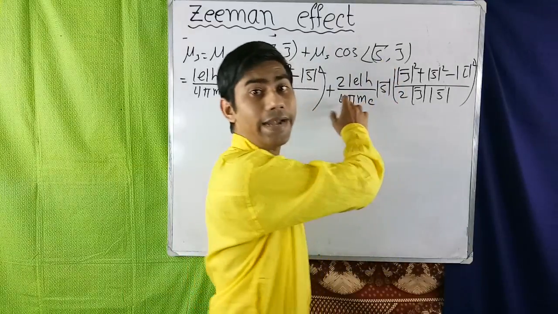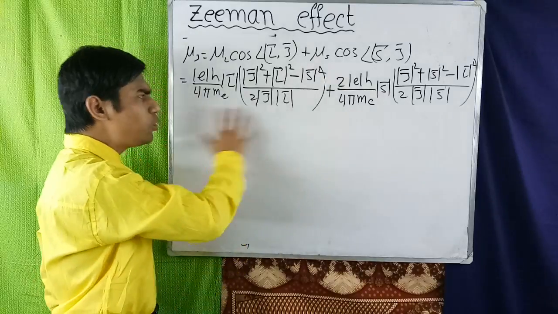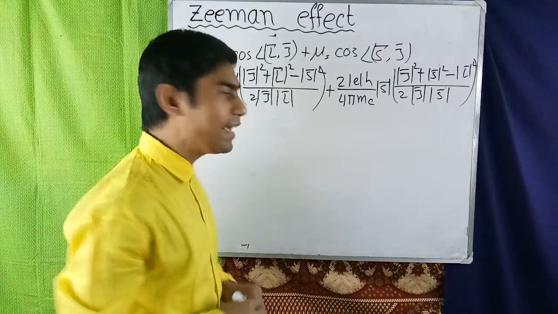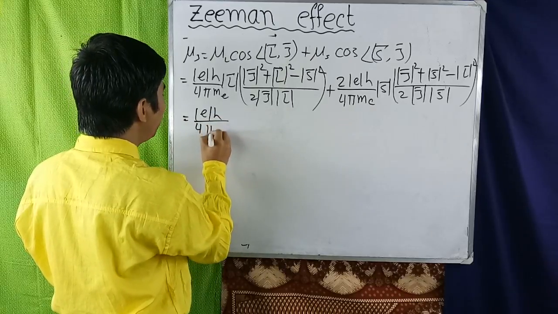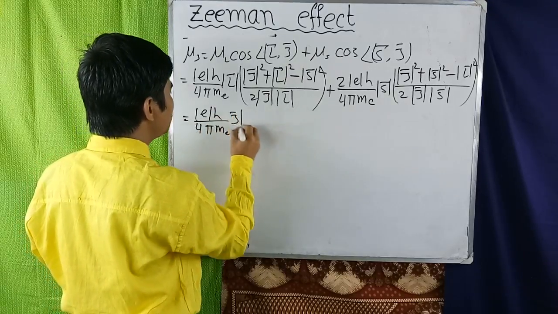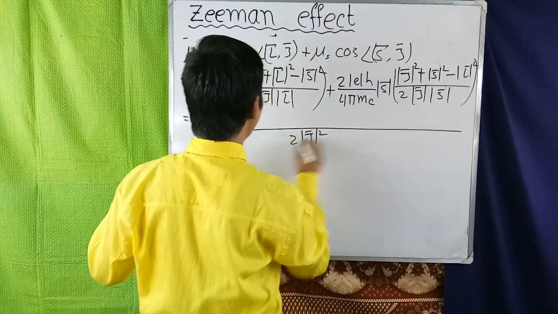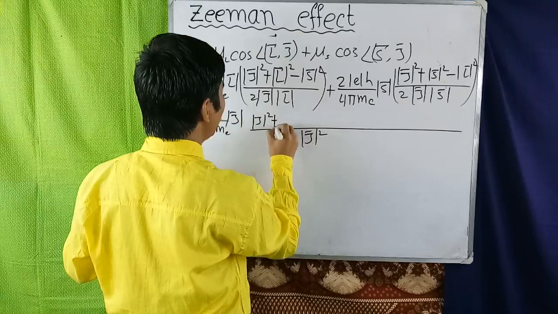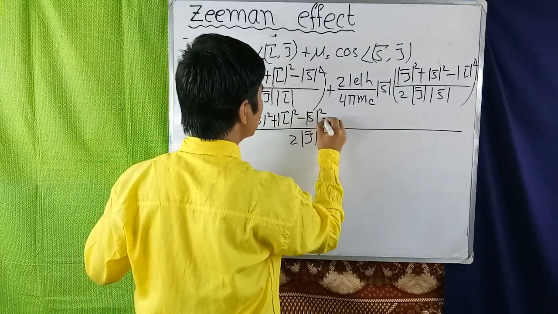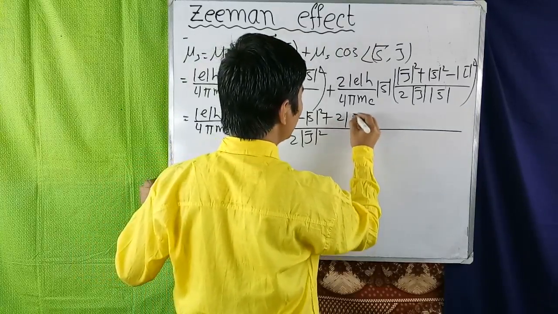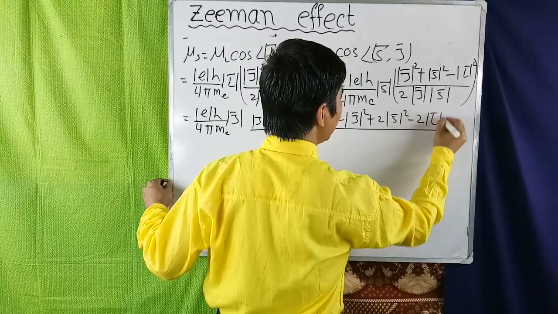If we simplify this equation, we get e h by 4 pi m e into modulus of J, times 2 modulus of J square plus modulus of L square minus modulus of S square plus 2 J square plus 2 S square minus 2 L square.